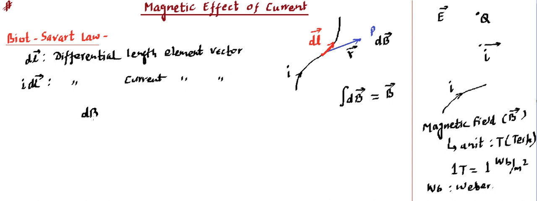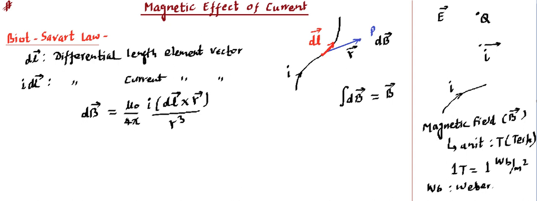It comes out to be equal to a constant, mu naught upon 4 pi, times I, the current that moves in the wire, times, in bracket, the dl vector, the differential length element vector, cross r vector, divided by the magnitude of r cube.